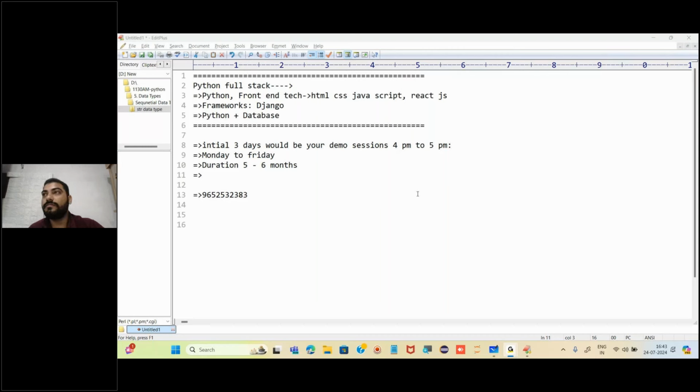From starting to the third party APIs, that is nothing but pandas, numpy, matplotlib, seaborn. Everything I'm going to cover. These are the advanced topics: networking, multi-threading, exception handling, OOPs concepts, files. Everything I'm going to cover.